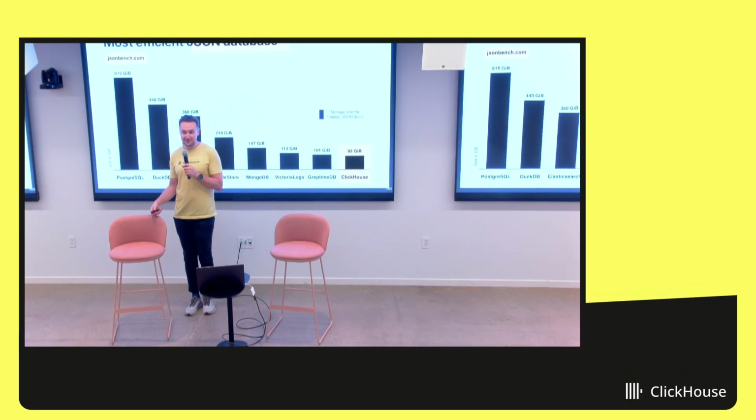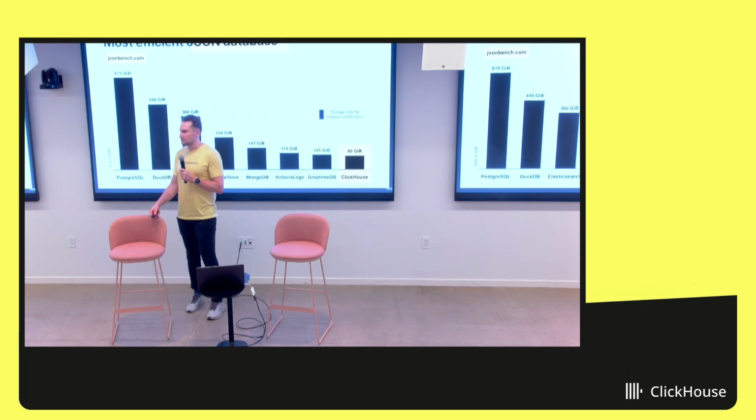There are a lot of migrations from Elasticsearch to ClickHouse, specifically for observability use cases. You can read about the customer stories about these migrations in our blog, or just type into Google migrations from Elasticsearch to ClickHouse, or ClickHouse for observability.